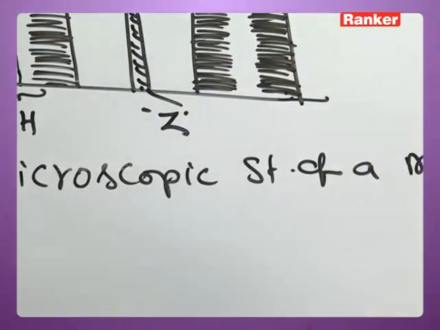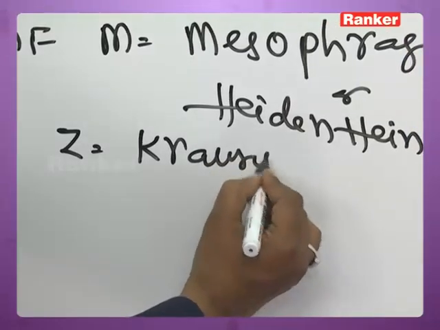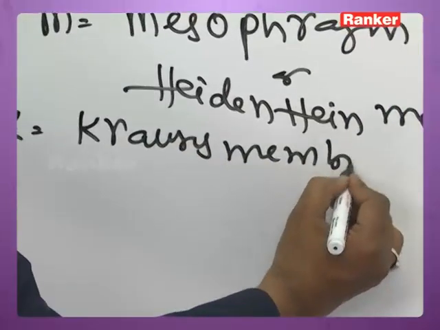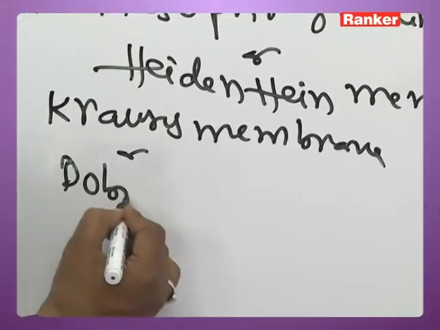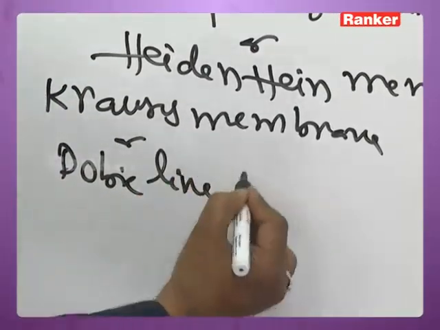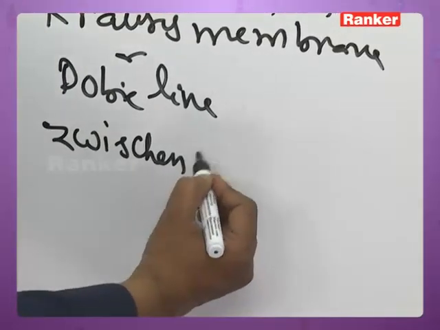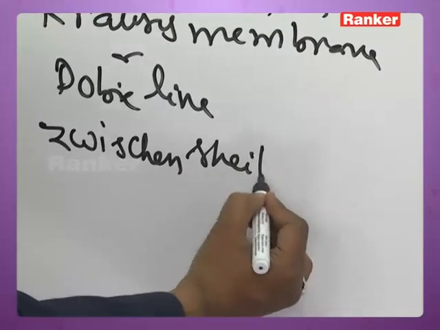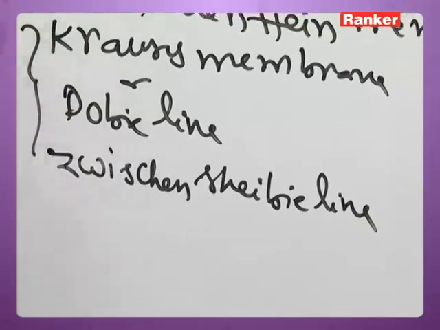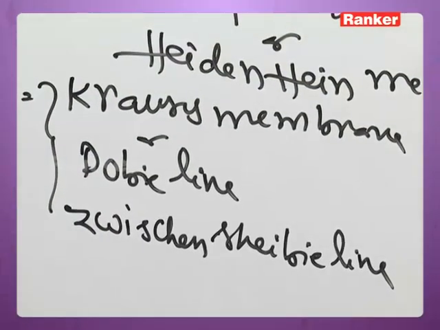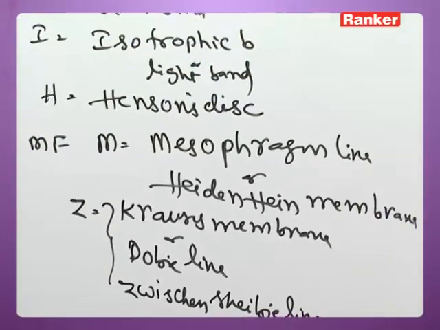Now Z stands for Krause's membrane, or Dobie line, or Amici line. Z stands for Krause's membrane or Dobie line here.